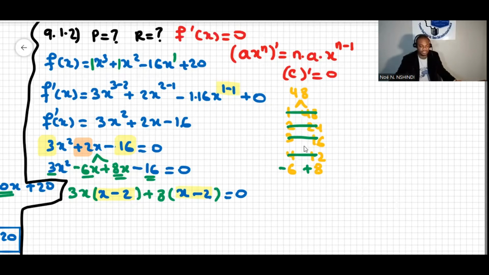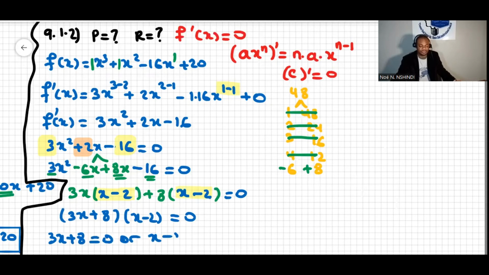Then we can continue factorizing. We're going to do 3x plus 8 and then x minus 2 equal to 0. So this means 3x plus 8 equal to 0, or x minus 2 equal to 0.